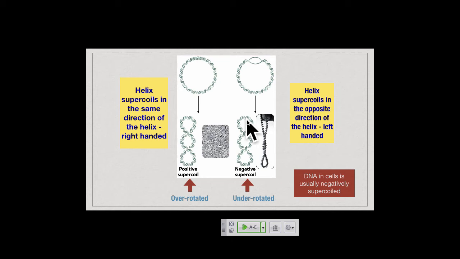Yes? Wouldn't it be more space conserving using positive supercoils though? Since it's such a big molecule inside the cell and they have little space. Well, the outcome's the same. You're still getting the coiling, but with negative supercoiling you're also taking advantage of the fact that you're destabilizing the helix a little bit.